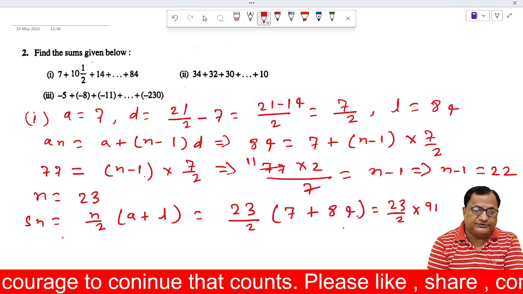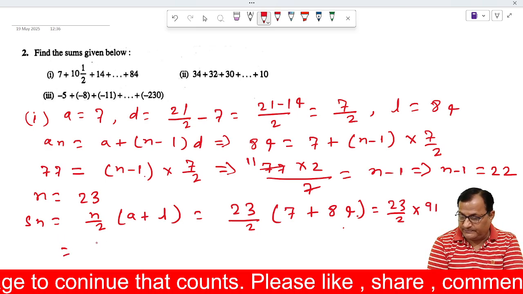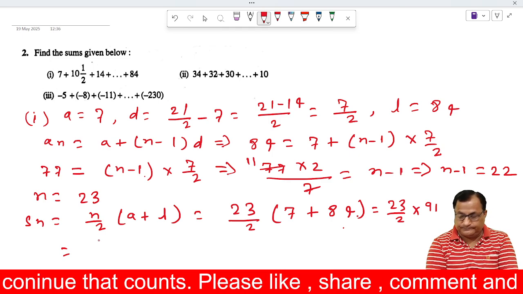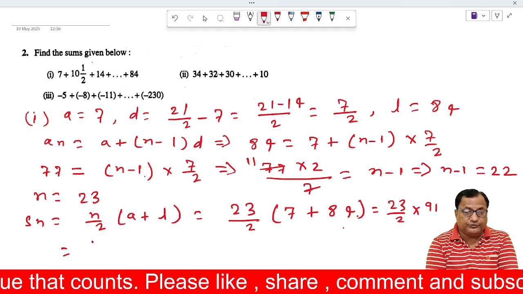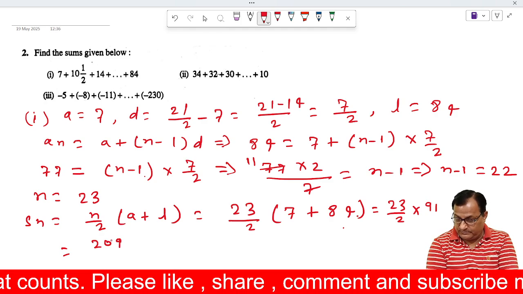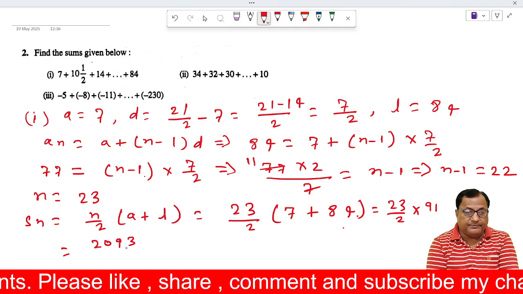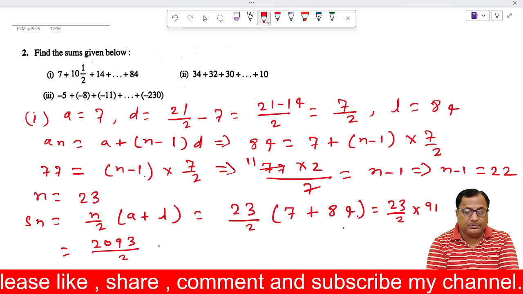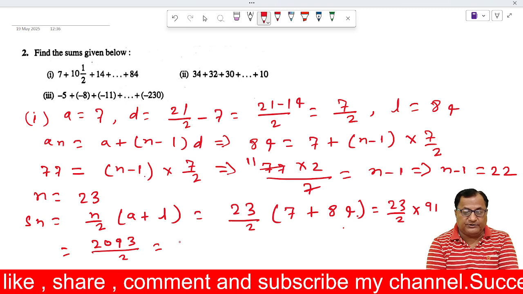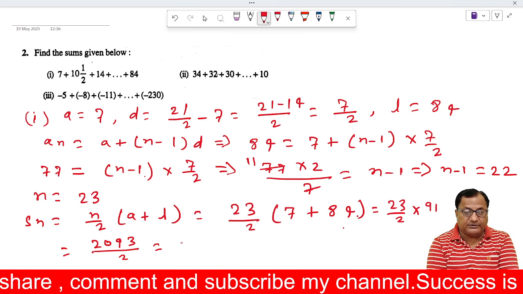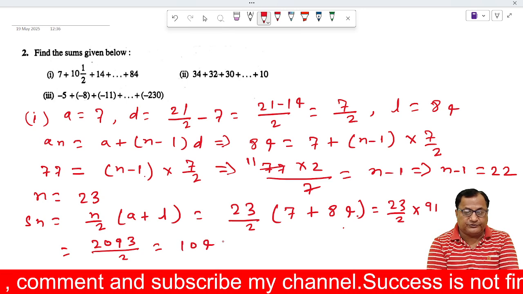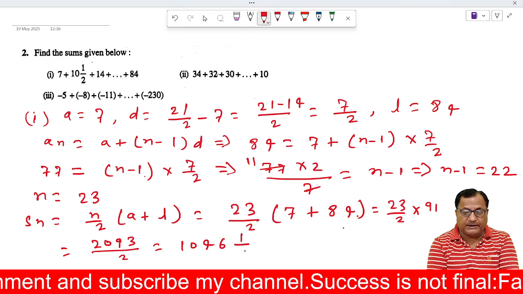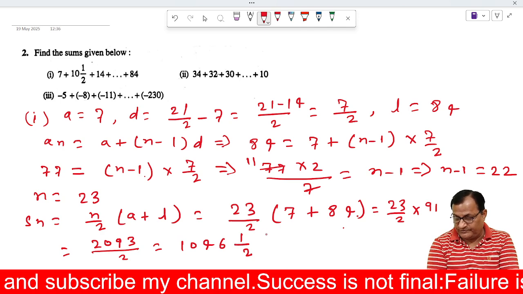If you multiply this, we will get 2093 by 2. If we make this a mixed fraction, 1046 by 2. This is the answer.